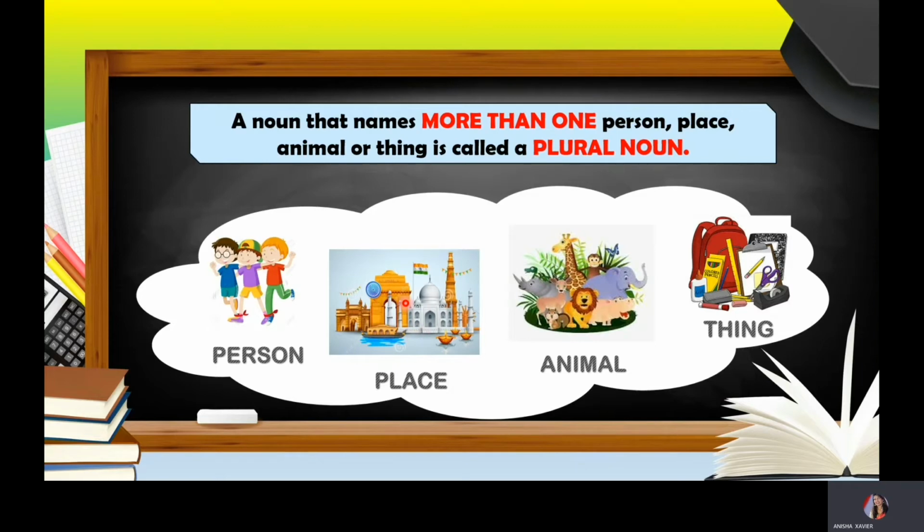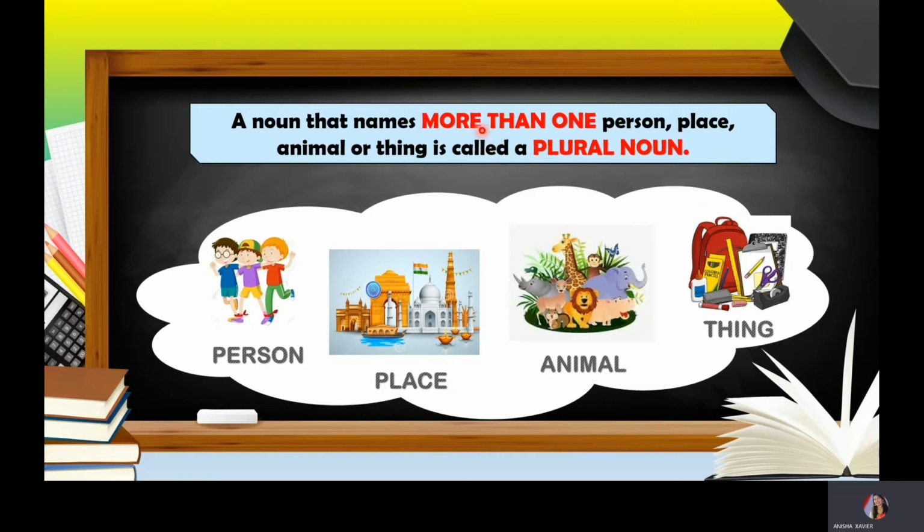So here we have more than one place. Now let's move on to the animals. Here also we have more than one animal. Let's count and see how many animals we have. 1, 2, 3, 4, 5, 6, 7, 8 and 9. We have 9 animals. Okay, let's move on to the next one.